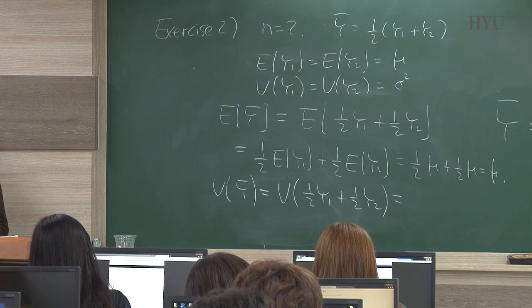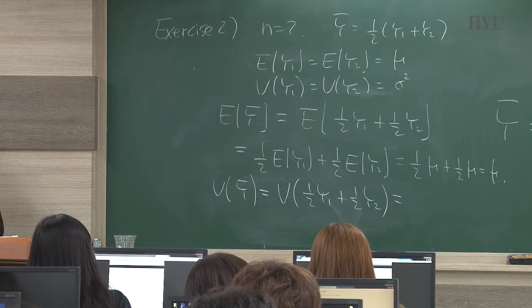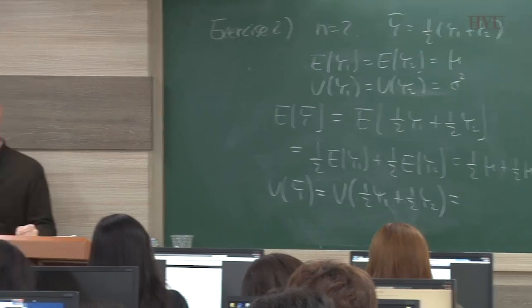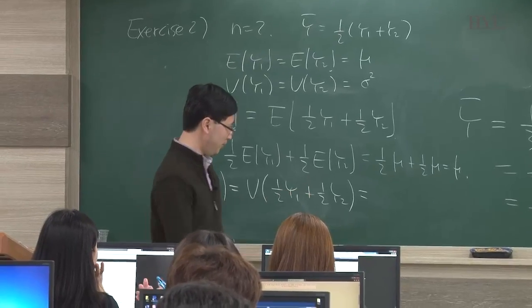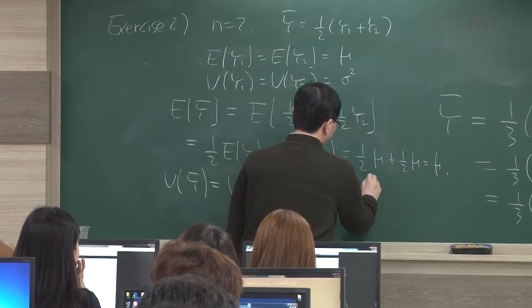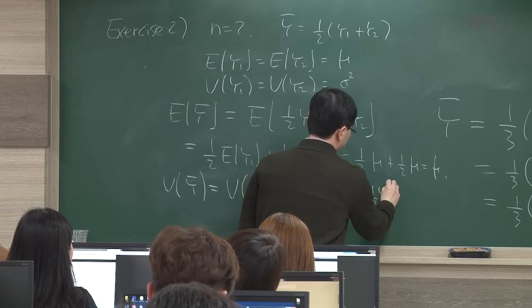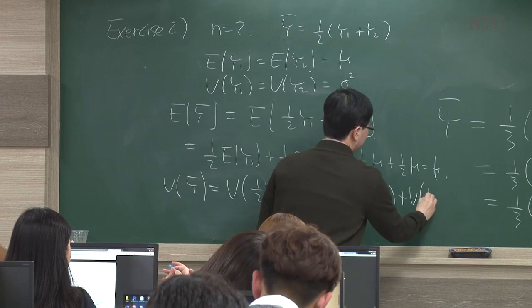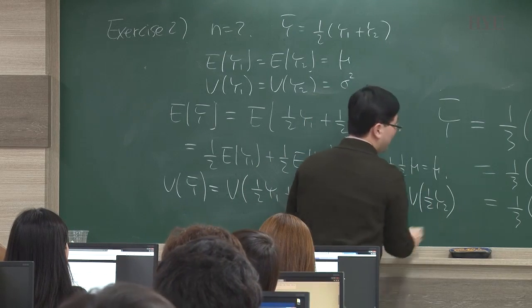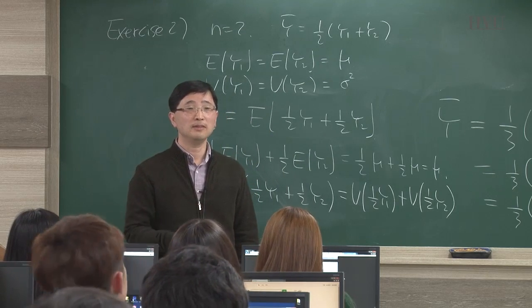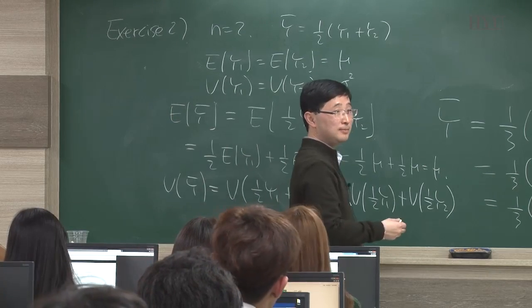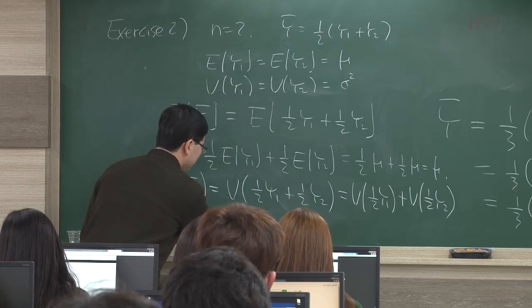They're independent and they have the same distribution. So when you have the variance of two random variables, then you can separate it using the law of variance. Should we worry about the covariance? No, right? Why? They're independent.